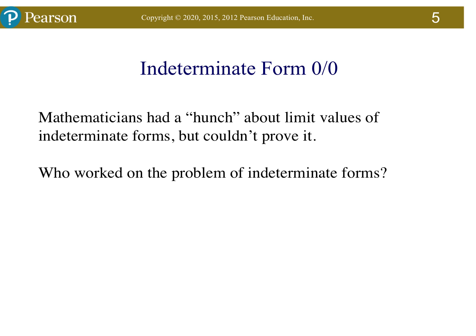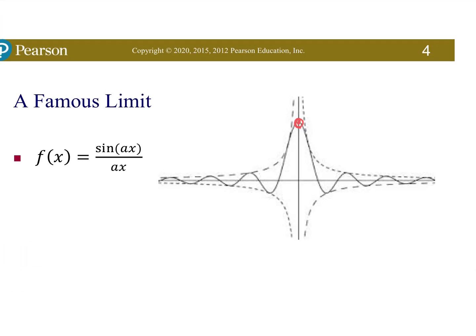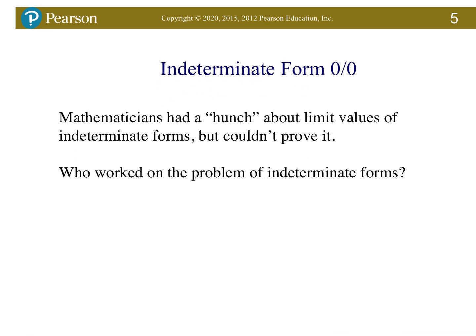For millennia, thousands of years, mathematicians had a hunch, a feeling, a little spidey sense, like I'm pretty sure it's got to be A. It can't be anything other than A. It looks like A, it should be A, but they could not prove 100% beyond a doubt that it was going to be A. We had the same thing with lots of other indeterminate forms. They just kind of had this feeling, but they couldn't prove it.